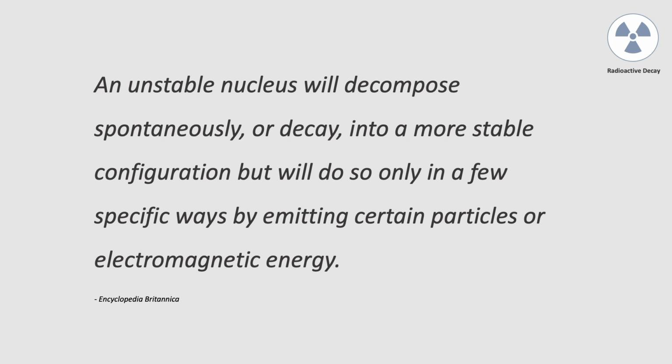It's important to note that an unstable nucleus doesn't imply that it will decay instantly. It is possible for a nucleus to remain unstable for only a few nanoseconds or even for billions of years. Radioactive decay happens in a random and spontaneous manner.